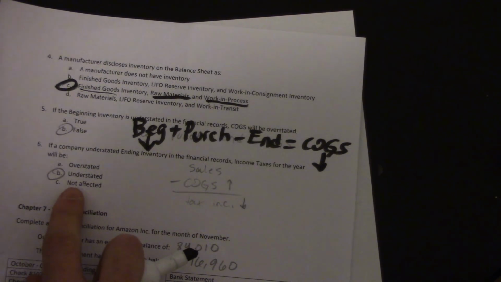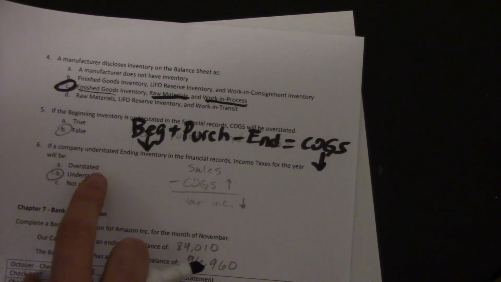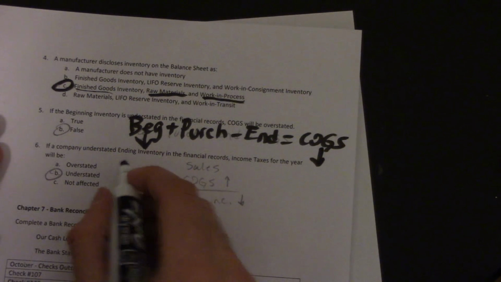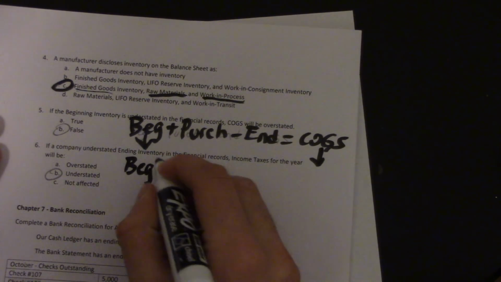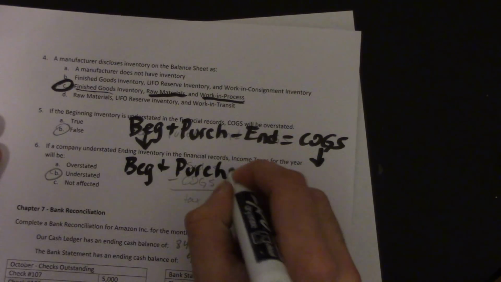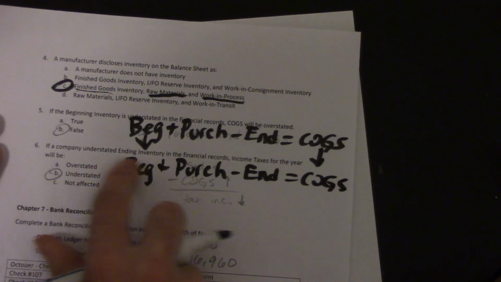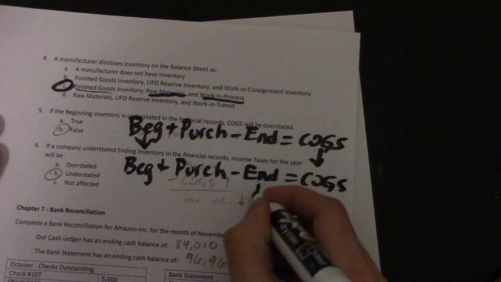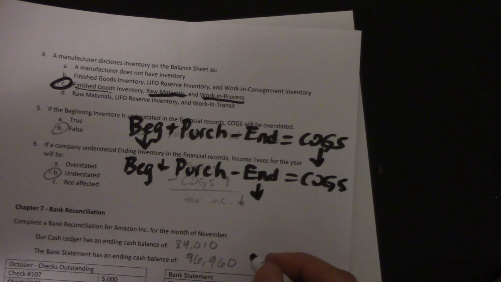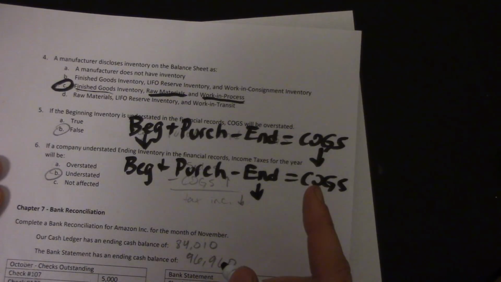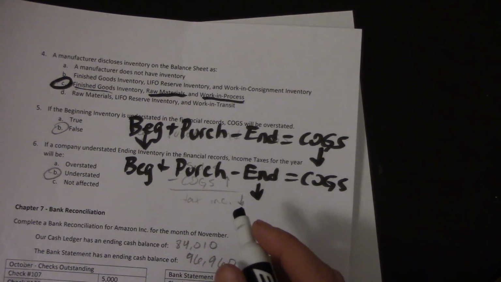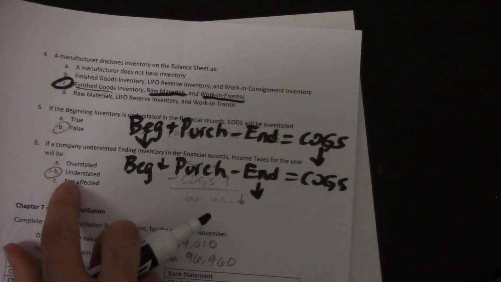All right, number 6, if a company understated ending inventory, so if we go back to the equation, cost of goods sold, if our ending inventory is understated in the financial records, income taxes for the year will be overstated, understated, or not affected. It will be understated.